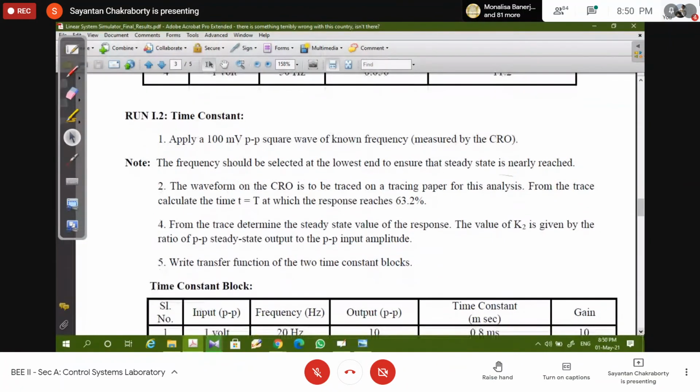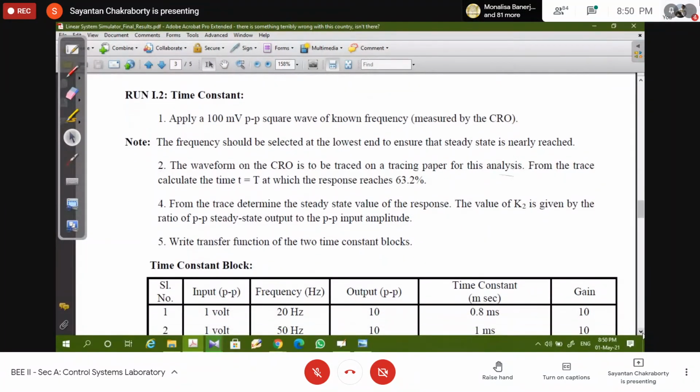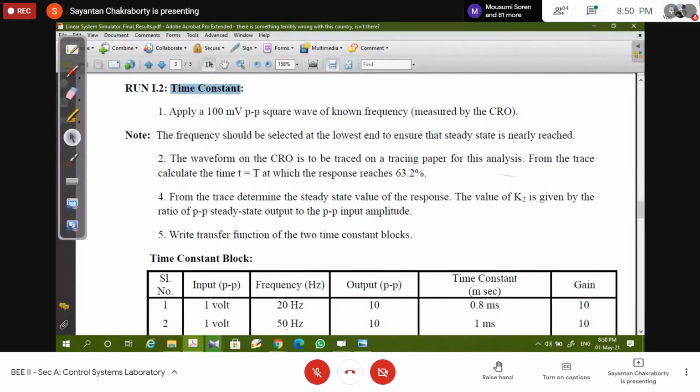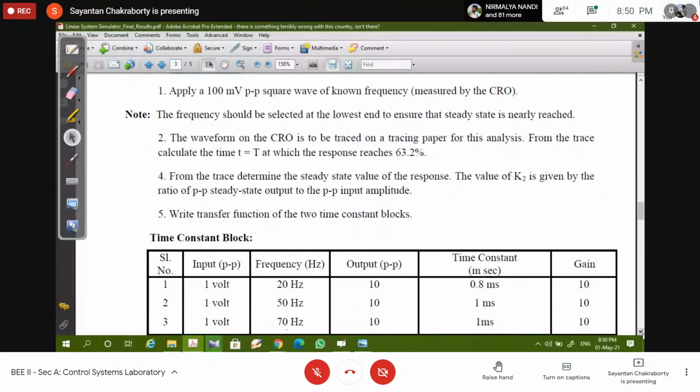For that, we'll be applying 100 millivolt peak to peak to the time constant block, and then we'll check for different frequencies, same as previous, 20, 50, and 70. We'll measure the output peak to peak values, steady state output peak to peak values, and the corresponding time constants. Right?